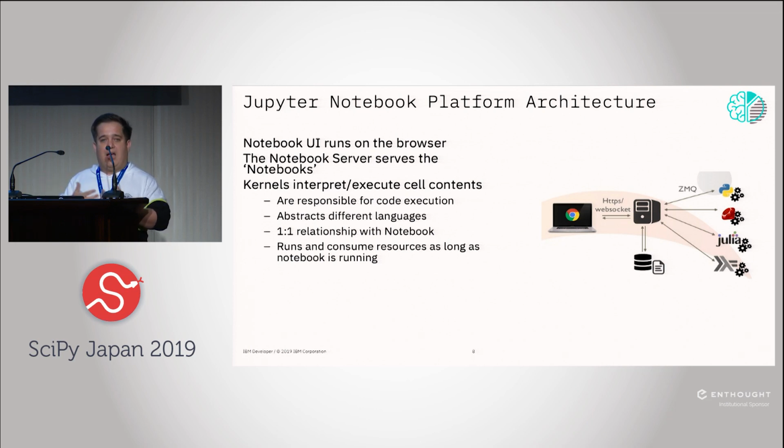The kernel abstracts the execution. If you are doing Python, you will have a Python kernel. If you're doing Scala, you will have a Scala kernel. The relationship between the notebook and the kernel is one-to-one. And as long as the kernel is up and running, the resources are locked for it, even though you might be just reading the notebook or might be in idle time, those resources stay connected there.